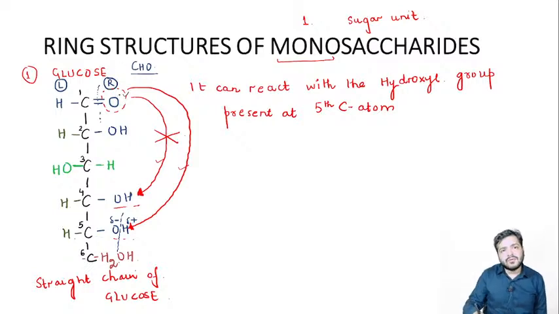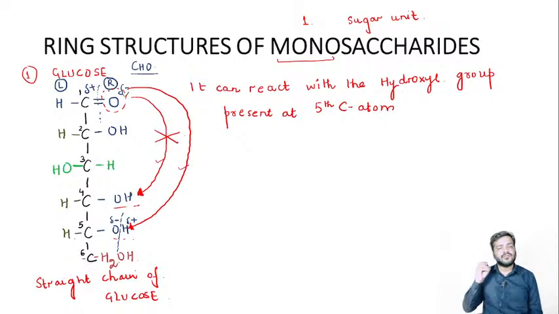And over here also, if the bonds break, you will now see that oxygen will become partially more electronegative and this carbon will become partially more electropositive.